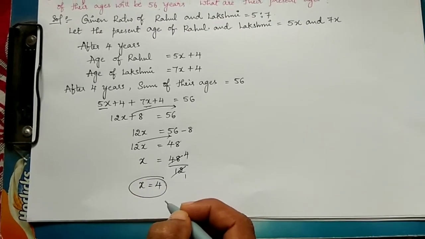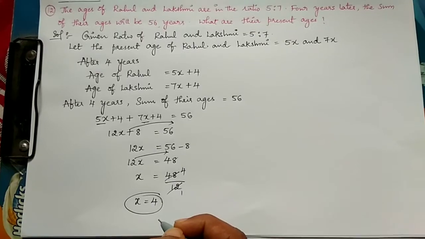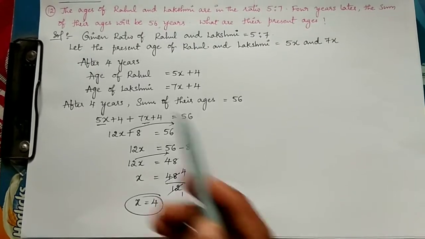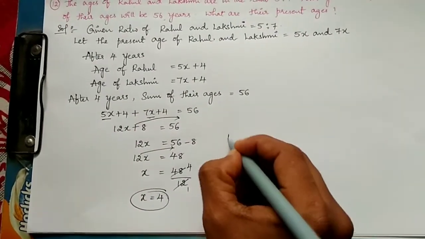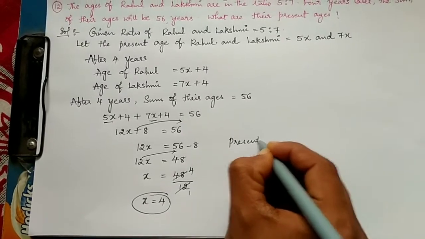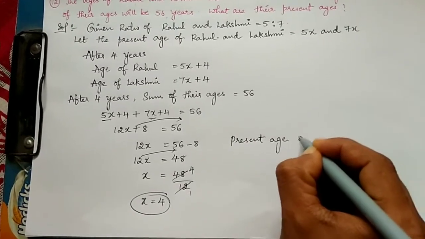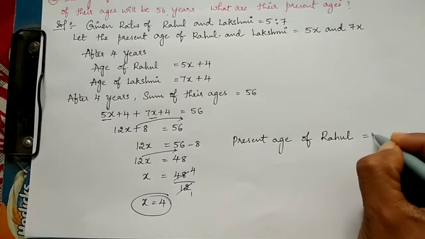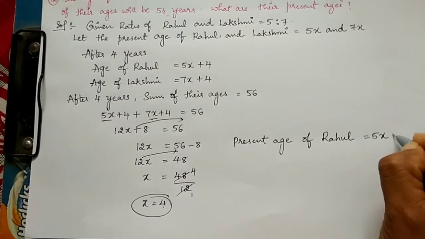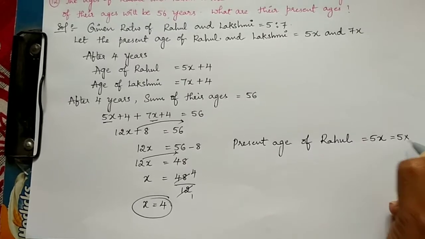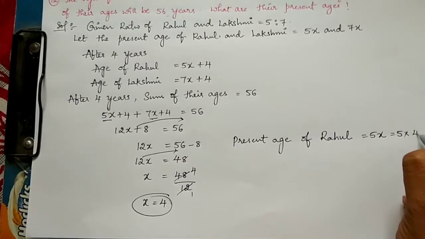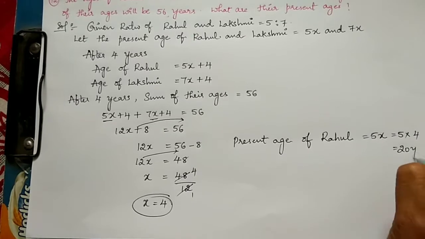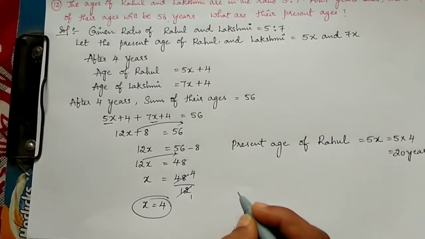So now we got the value of x. Now we find the present ages of Rahul and Lakshmi. The present age of Rahul is equal to 5x, that implies 5 into the value of x, which is 4, equal to 20 years.